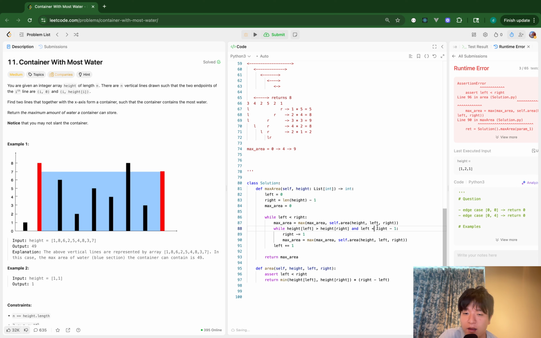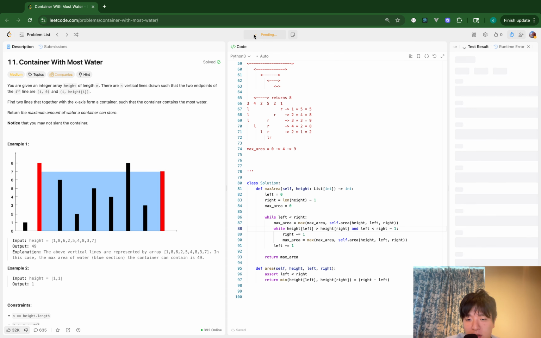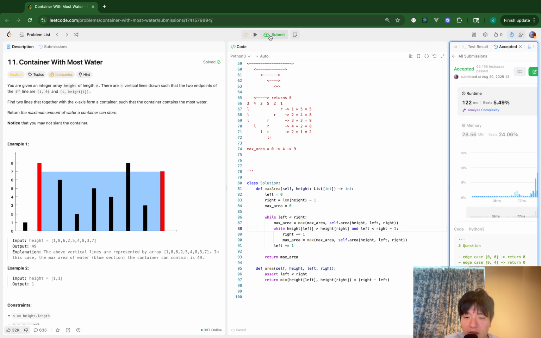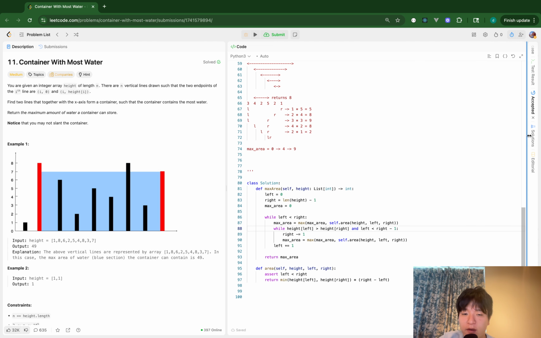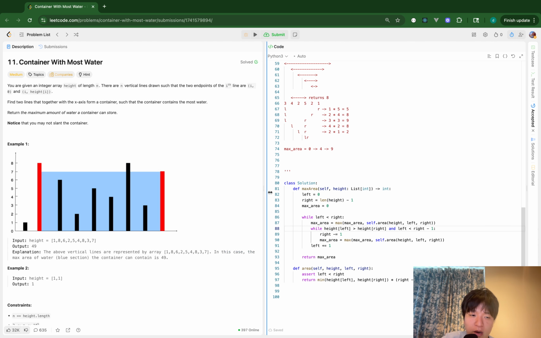If this is not true, left is equal to right, or right is smaller than left, so I can't calculate the rectangle. Good, accepted.